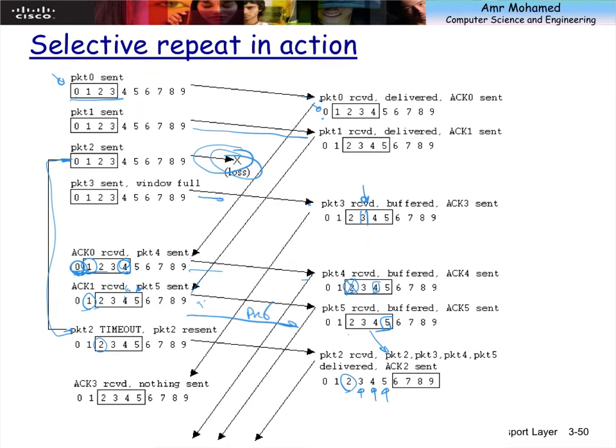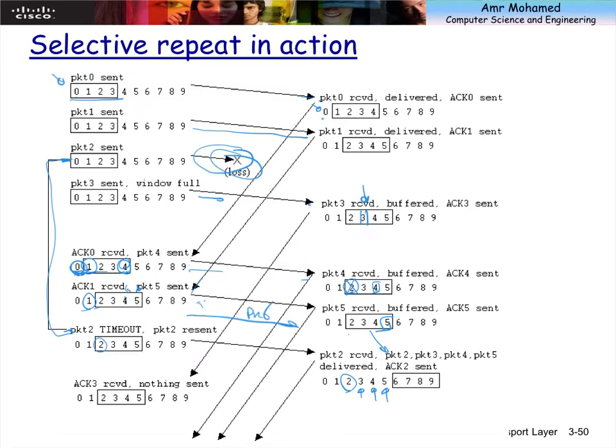Okay? You will ask me, why didn't you go back to packet 1 and retransmit? I don't have to do that until its timer fires up. Otherwise I will keep going. So I always move forward until the timer tells me otherwise.